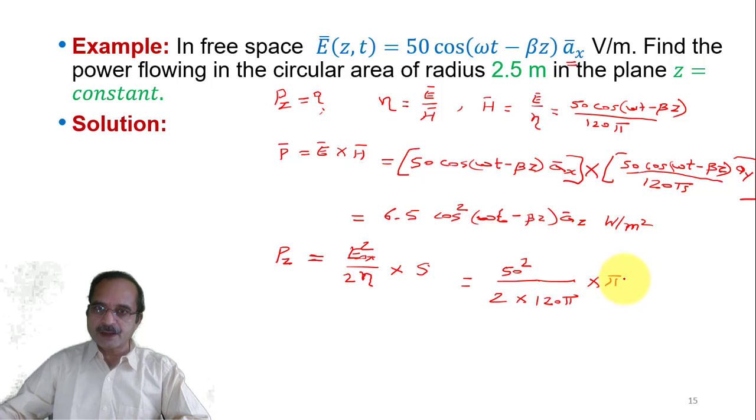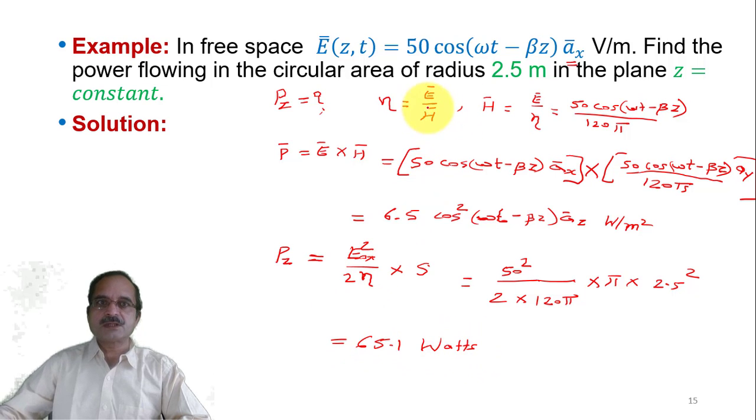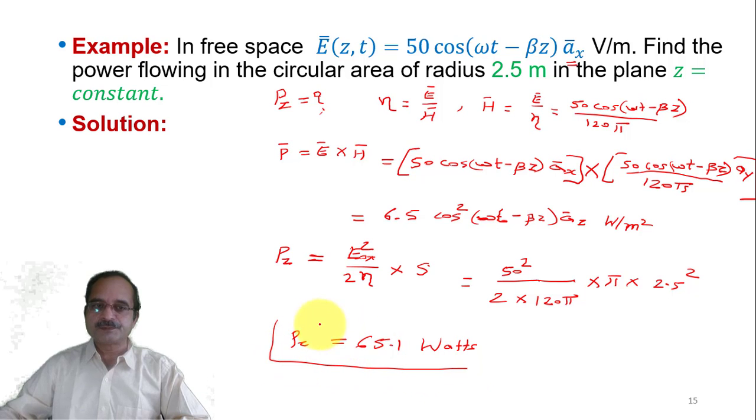The radius is given as 2.5 meters, so pi multiplied by 2.5 square. This comes out to be 65.1 watt. So this is the answer: the power flowing in a circular area of radius 2.5 meter in the plane z equal to constant. This is the final answer for this problem.